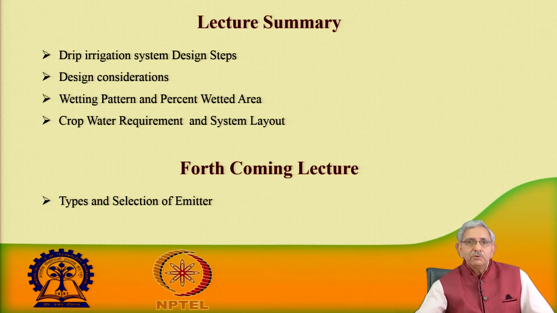We discussed wetting pattern, which depends on the different types of soil, the amount of water discharged from an emitter, the time of application and the crop water requirement. System layout also we discussed.